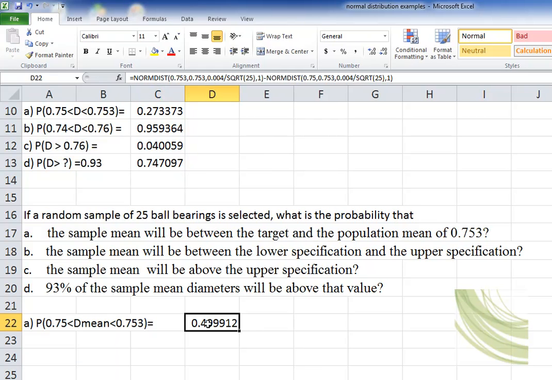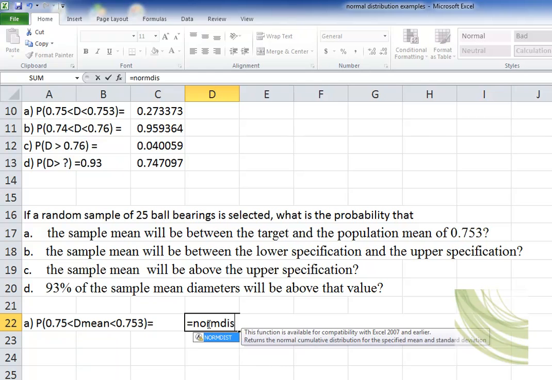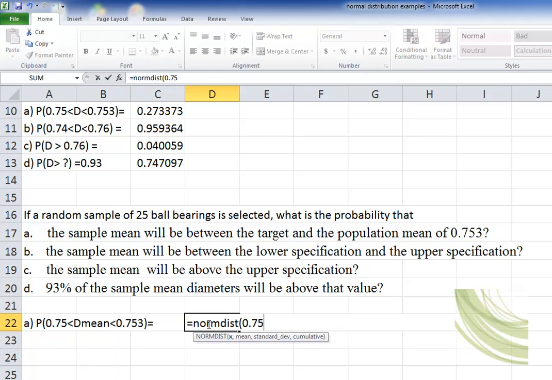So we use the formula equal NORM.DIST. Put 0.753, then put mean 0.753. Now standard deviation. Standard deviation is no longer 0.004.